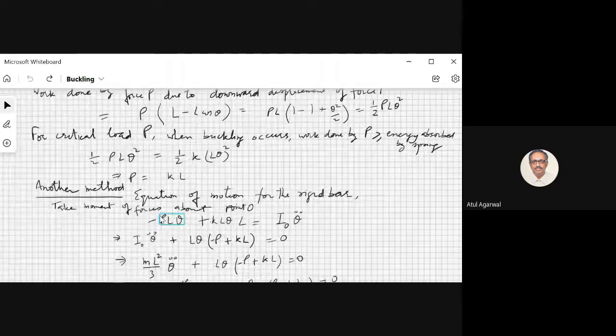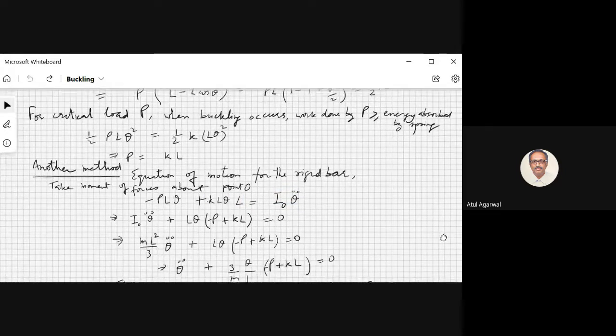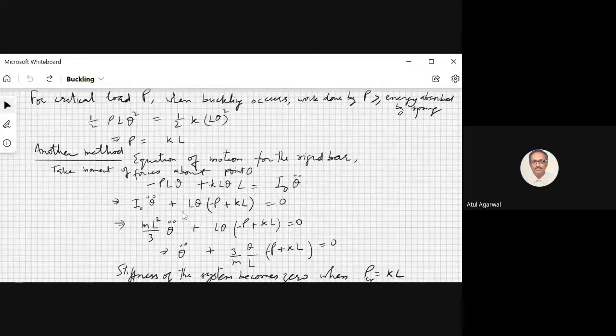So there is a clockwise moment, a counterclockwise moment, and the sum of the two will be equal to I naught alpha. If you write it like this and take it to this side, you get this equation.